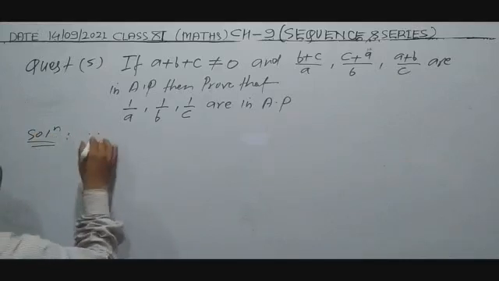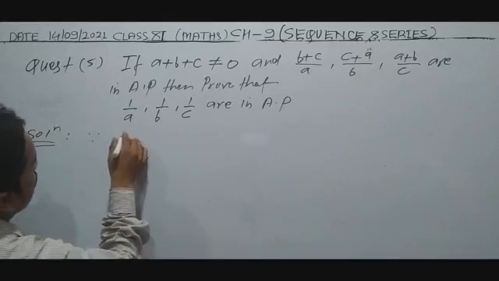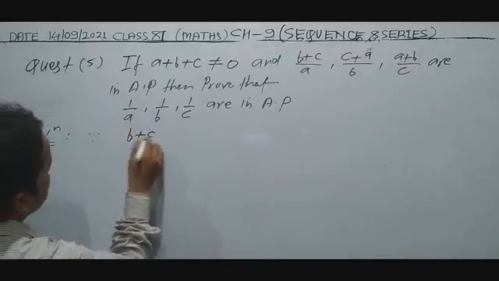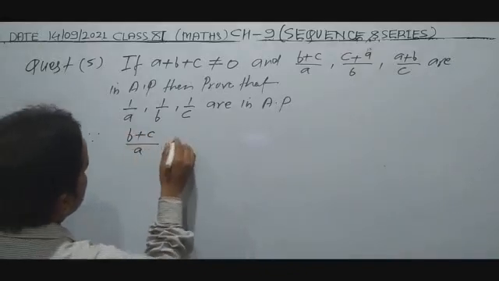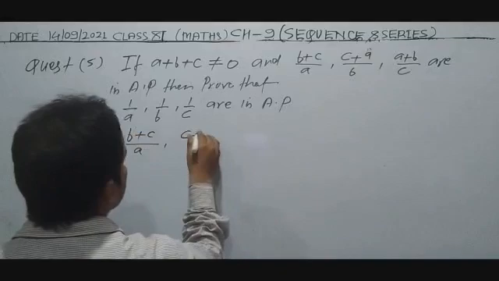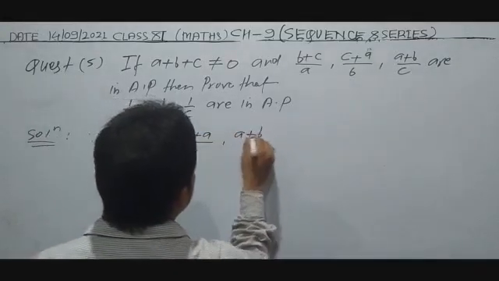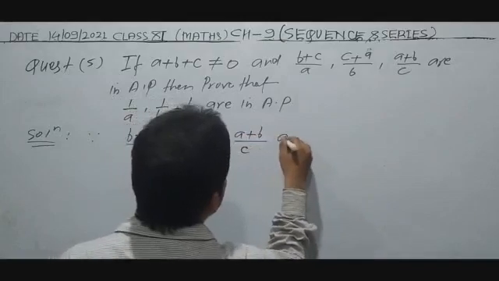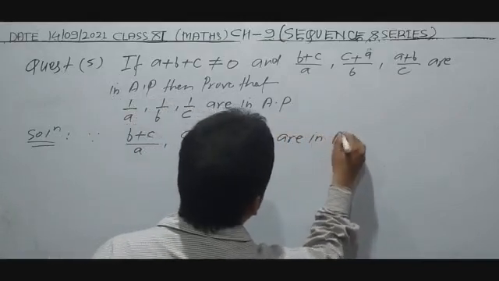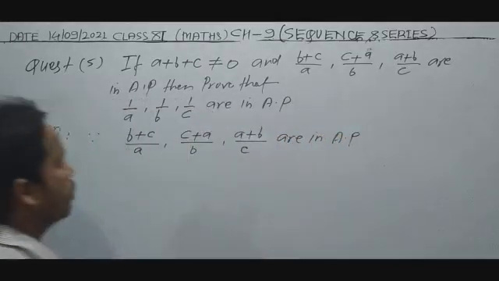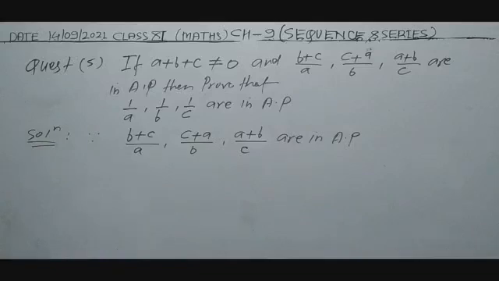Since b plus c upon a, c plus a upon b, and a plus b upon c are in AP, so you know the properties of AP.